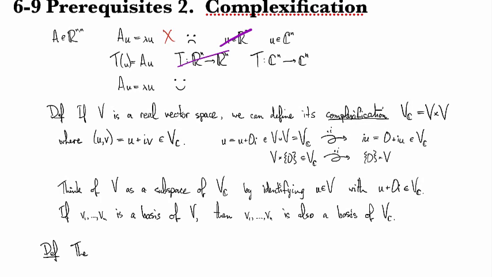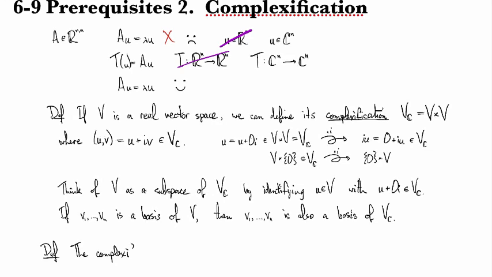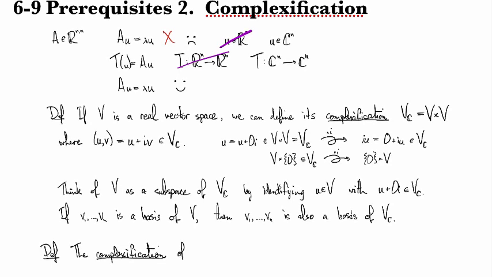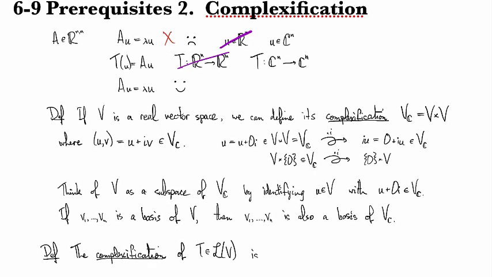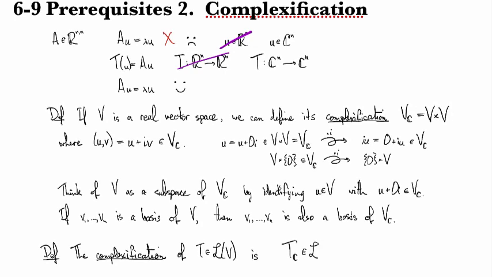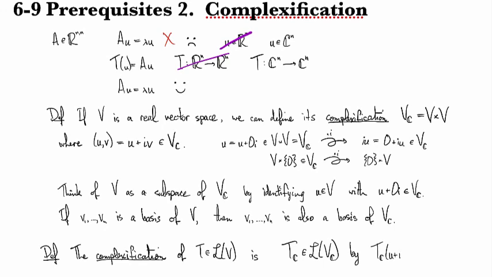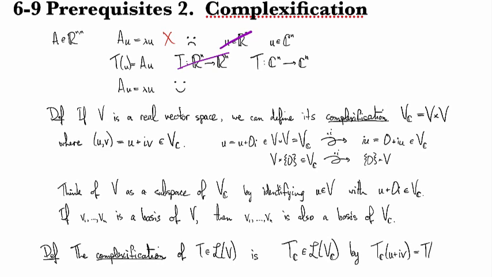So the complexification of an operator T on V is denoted T_C, and now this is an operator on V_C, and it's defined by saying that the way we define it on one of these complexified vectors is it's going to be T(u) + iT(v).